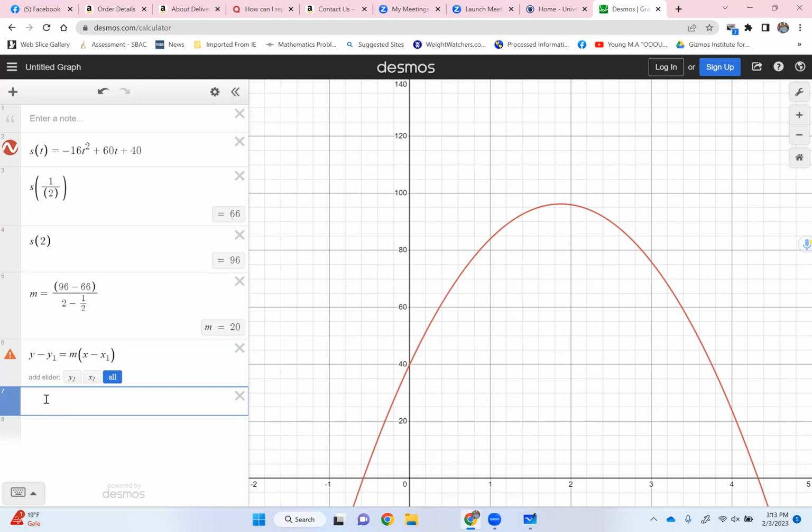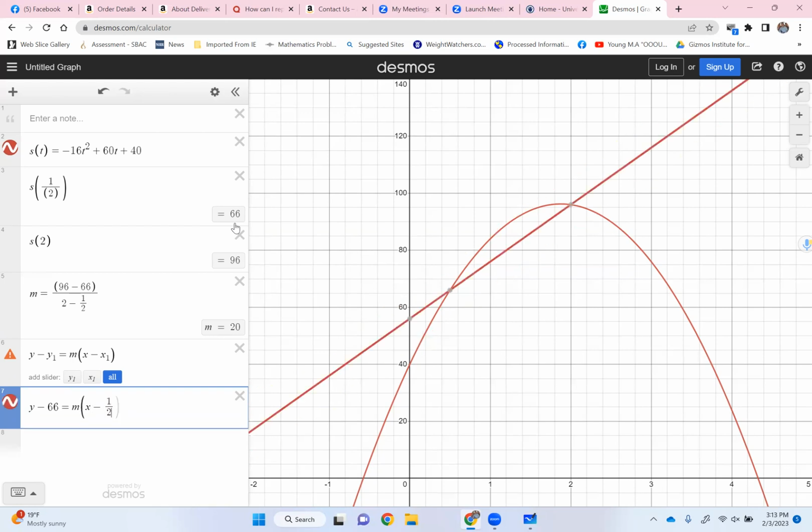So now we can plug in our values. Notice I have the m here. I'm just going to leave it as m because we don't have to put in the value 20. It'll just stay with it. Y minus our y1 value, 66, equals m times x minus, and our x1 value is 1/2, close parentheses.